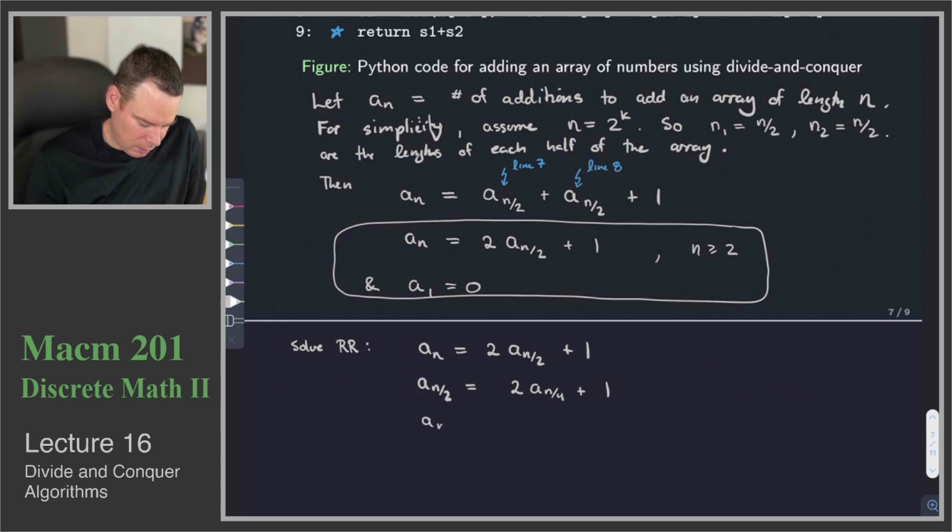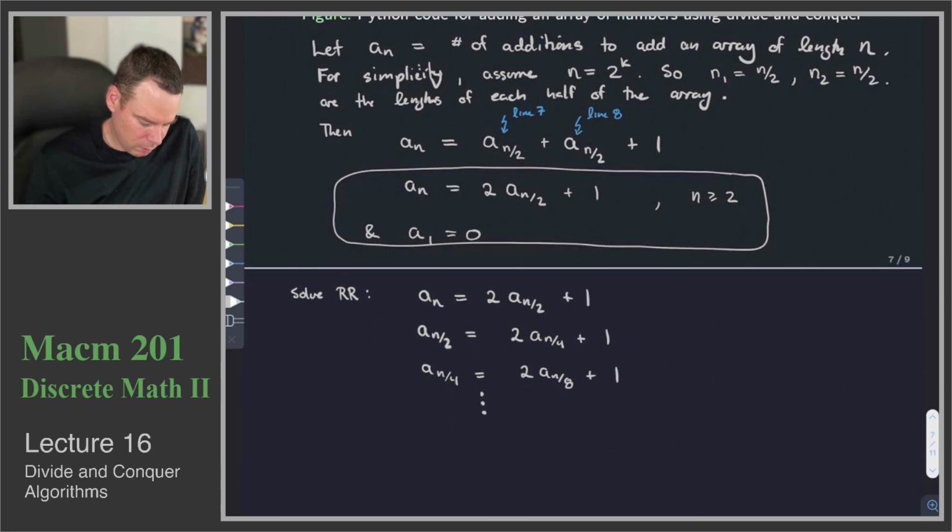And then a n over 4 is 2 a n over 8 plus 1. And so on, all the way down, until we get down to a2 is equal to 2 times a 2 over 2, which is a1, plus 1. And then a1 is equal to 0.